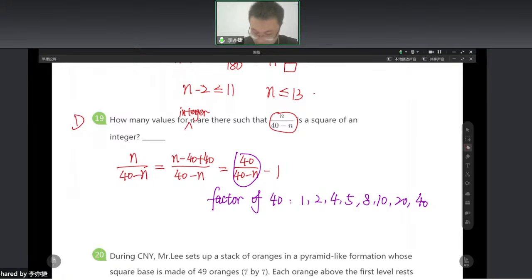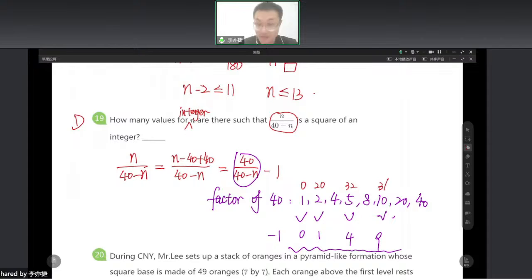So who can satisfy? This one can satisfy because minus 1 is 0 and 1. So this one is a 4. And this one is a 9. So actually, we have 4 values here: 0, 1, 4, 9. So in this case, this one equal to 40, n being 0, and then n being 20, this one n being 32, this one n being 36.